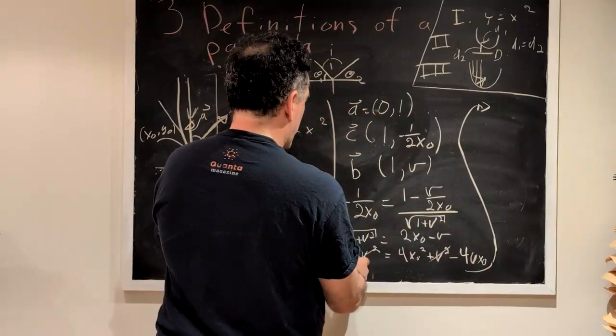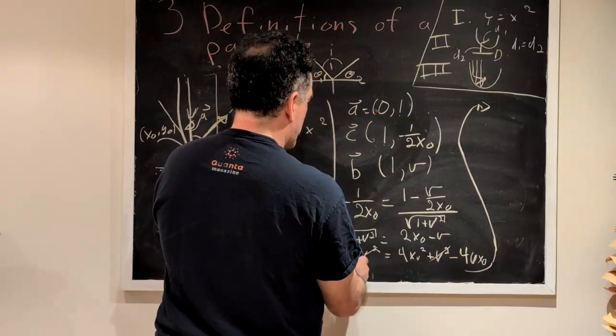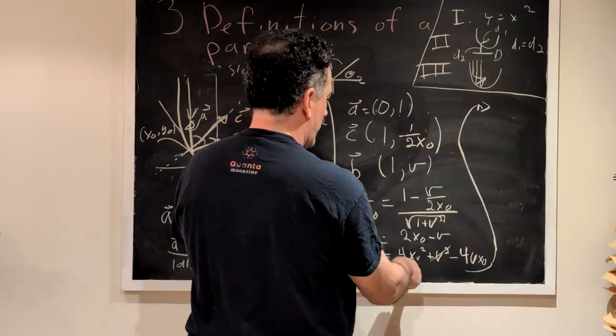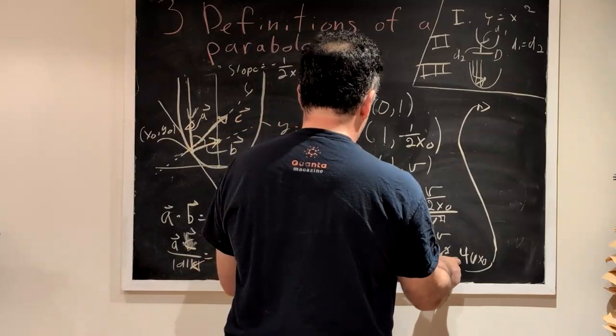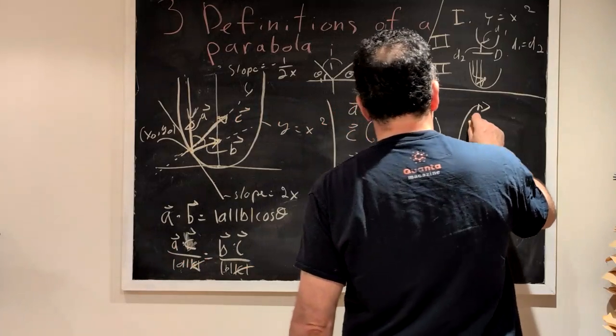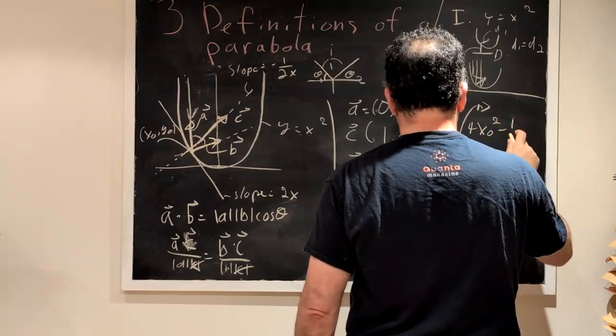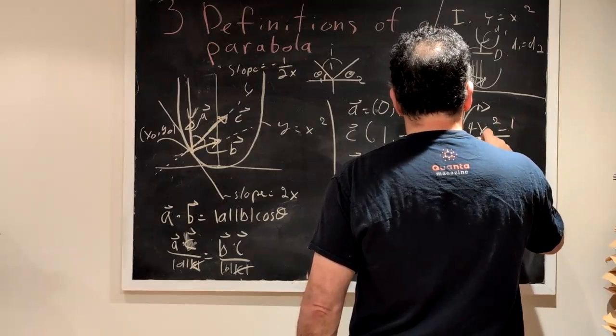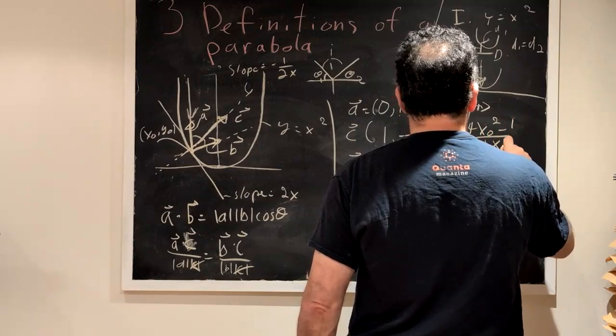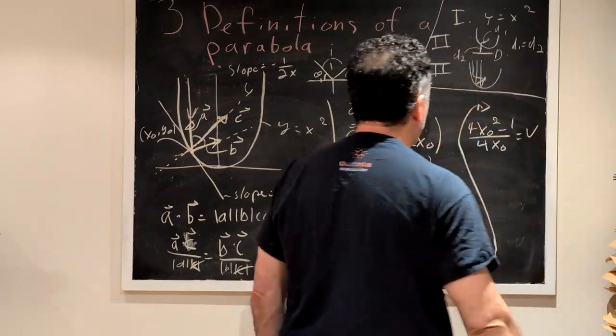Put this side on the other, with this term on this side, 1 minus 4x0 squared. There's a minus, we will just get rid of it by reversing these terms. And that means that 4x0 squared minus 1 over 4x0 is equal to v.